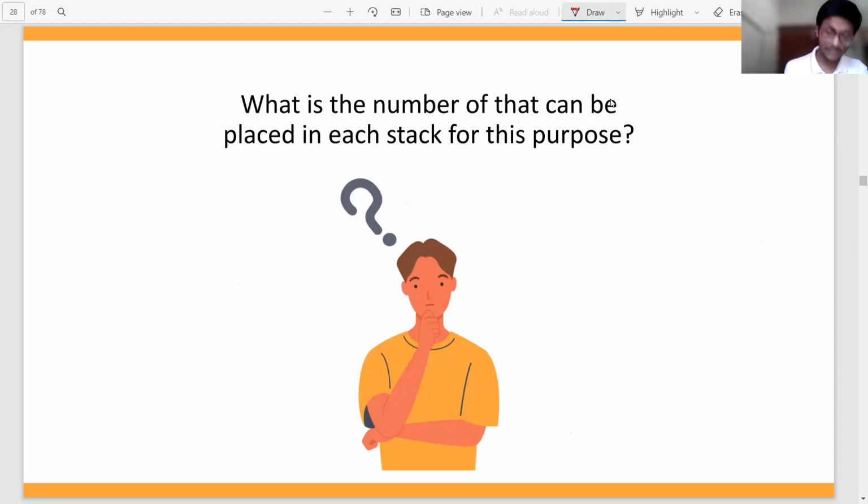Considering these two kinds of burfis, what can be the number that should be placed in each stack to fulfill the total quantity, and which can take the least space of the tray?